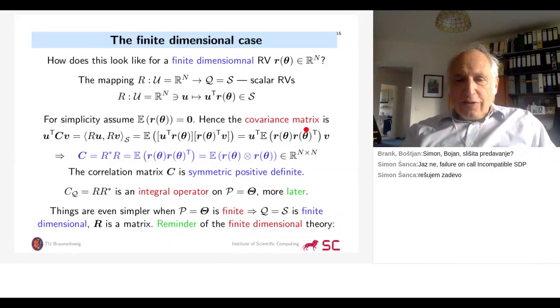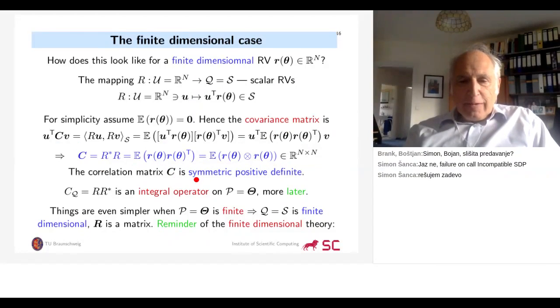And this guy in the middle is called the correlation matrix. And this is exactly the matrix we're looking for. When we compare these two expressions, we see this is the matrix. So the C looks like this here, or written in a fancier form with a tensor product like this. And it's clear that it's symmetric, and it's clear that it's positive definite.